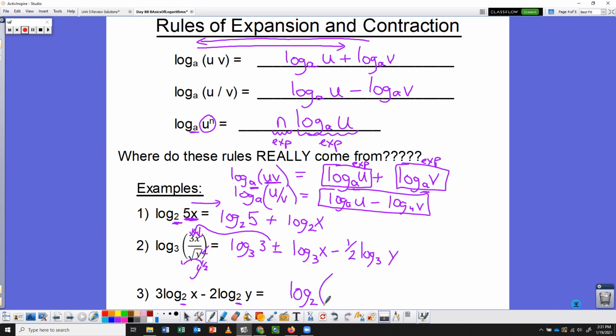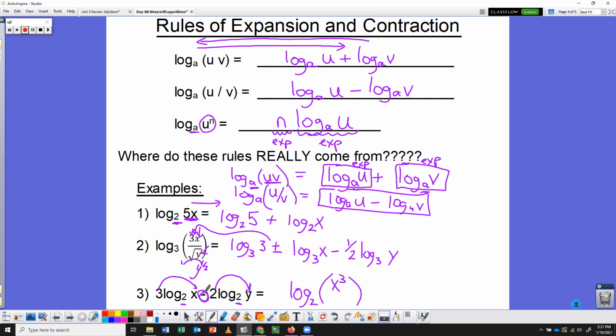Now, it probably will help if you'll put parentheses here. Remember that any numbers that are out in front of the logarithms, those are exponents on the things that were inside. So basically, I've got an x cubed that was inside of this logarithm, and I have a 2 that's going to become the exponent on the y, and I see that there's a subtraction in the middle, which means there was division occurring.